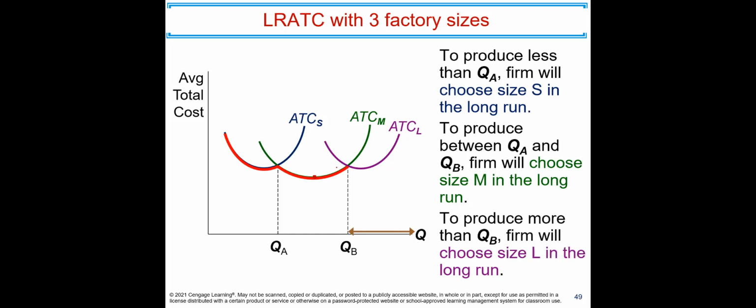And if the firm produces more than QB, it will choose size L in the long run because that gives the lowest possible cost. Therefore, the long run average total cost is the combination of all these red lines that we draw on the screen. That is the long run average total cost.